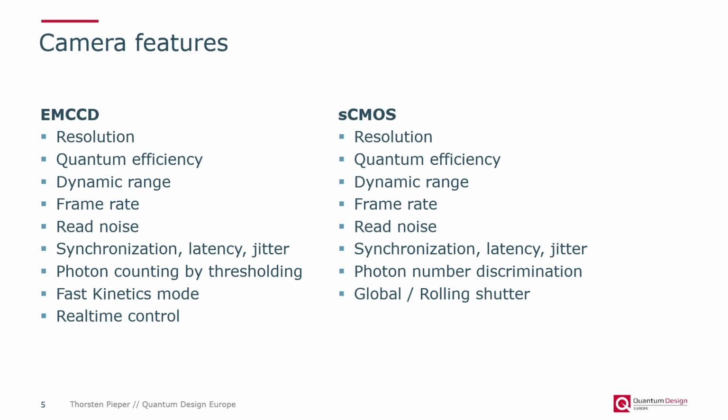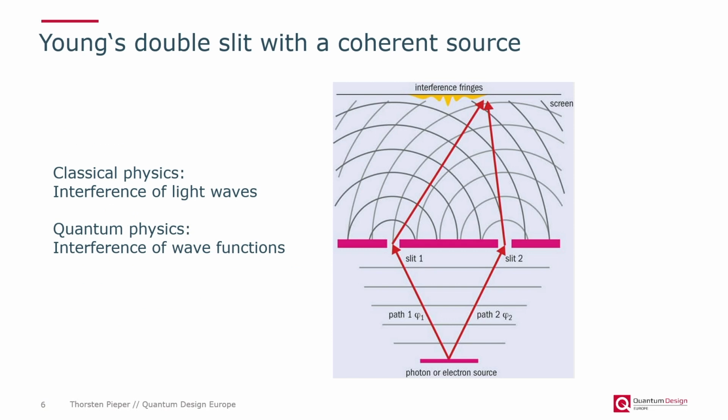And I'm going to show the one that I would choose as a sales engineer and that I typically recommend for certain applications. So as a motivation for today's talk, I want to start with Young's double slit experiment.